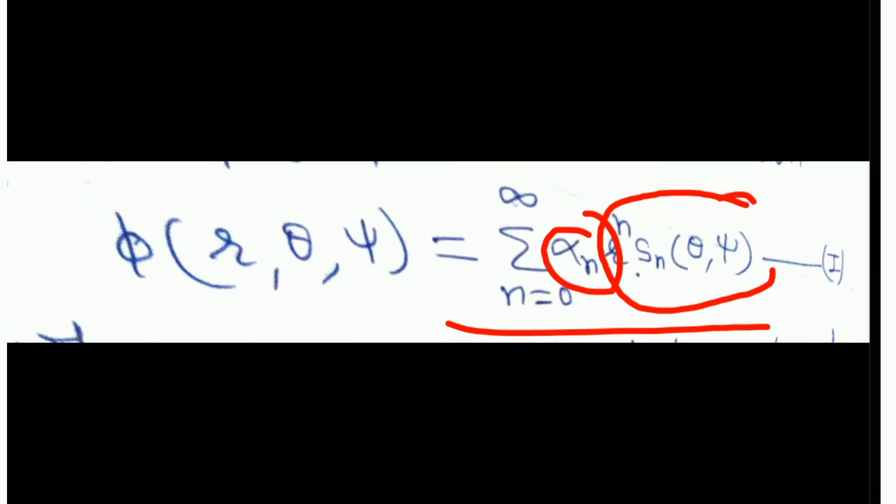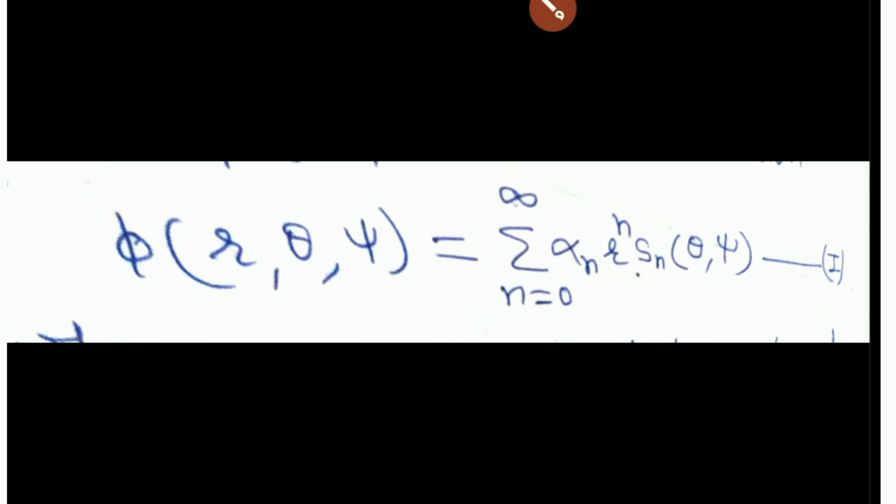Suppose that the perturbation potential has the form summation n is equal to 0 to infinity beta n r to the power minus n plus 1 into Sn of theta psi.